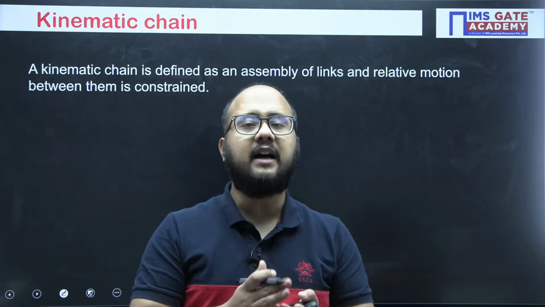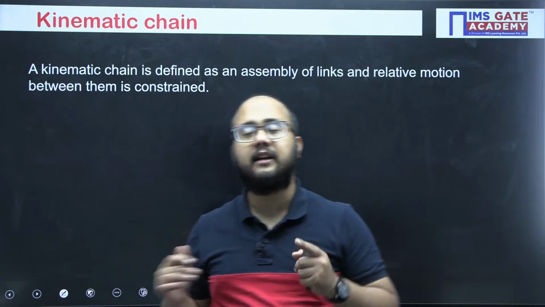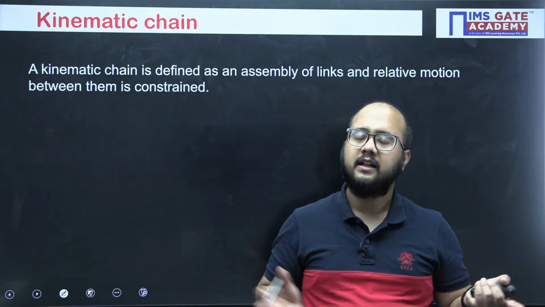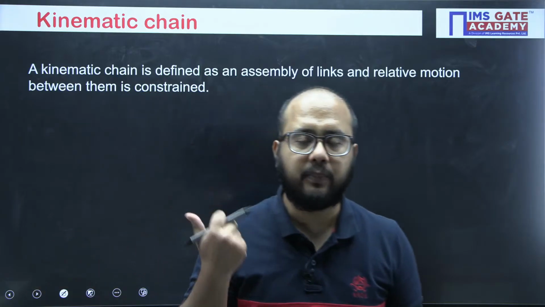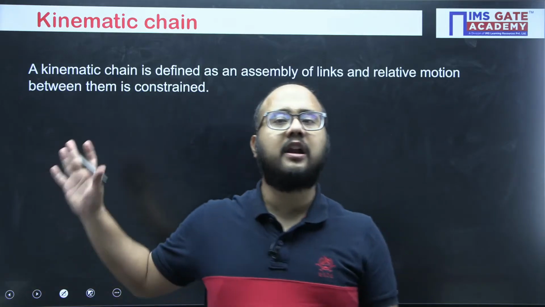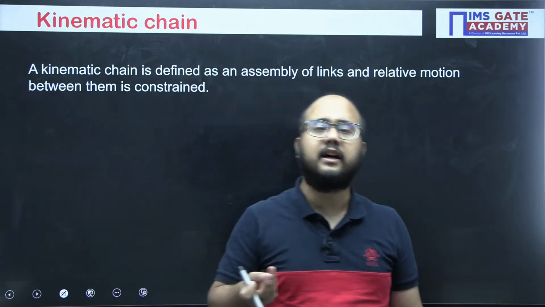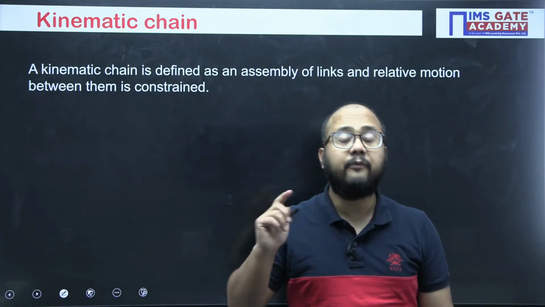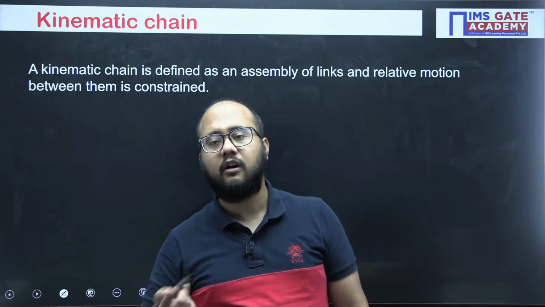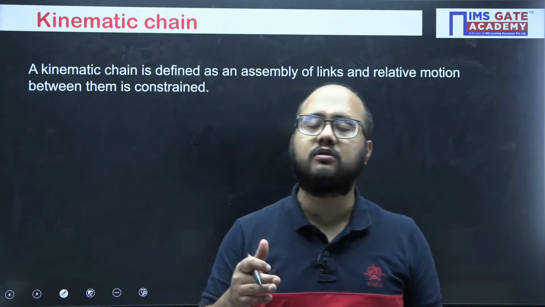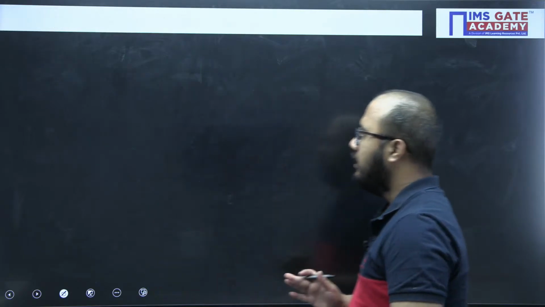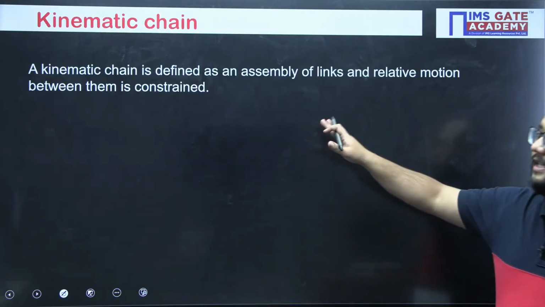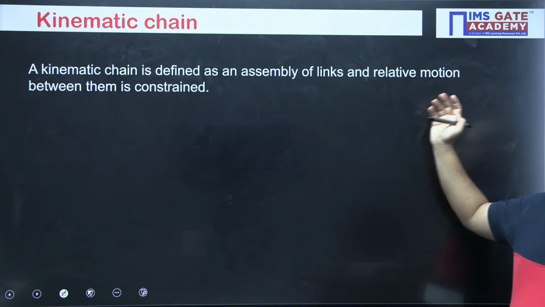When different links get connected with each other, they form a chain. There is a series of kinematic links connected through kinematic pairs, and that series is the kinematic chain. If that chain is open, it is called an open kinematic chain. If it is closed, it is called a closed kinematic chain. Simple funda, right?